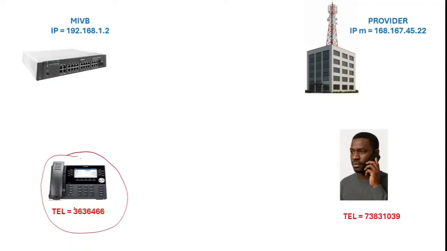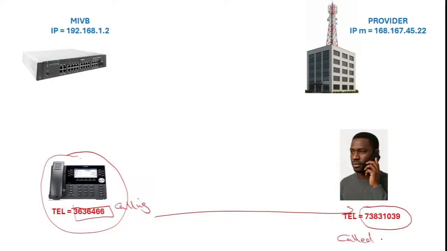When it calls out, this is the number that it is going to use as the calling number, its calling number for caller ID, and it's going to call somebody who is outside of the organization on this number. So this is the called number.